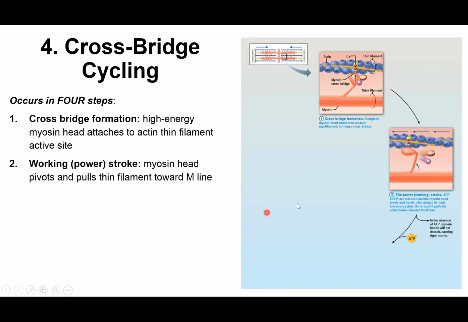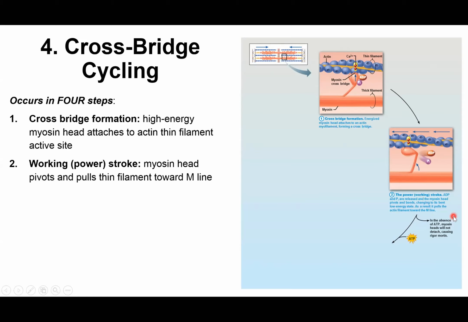Step 2 is the working or the power stroke. In the power stroke, the myosin head is going to pivot, and it's going to pull the thin filament towards the M line. Okay, so we started sort of up in this position, and now we're sliding the actin filament to the left.